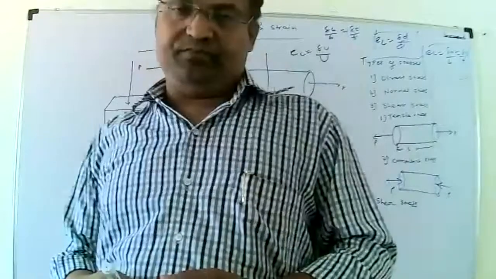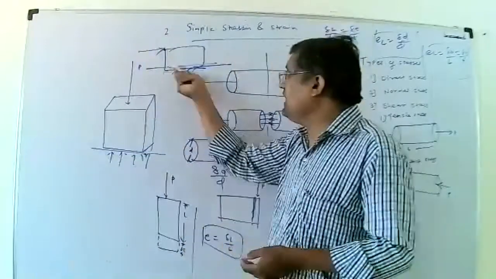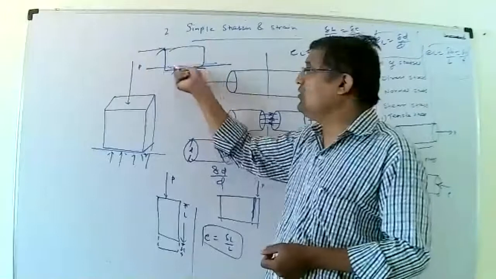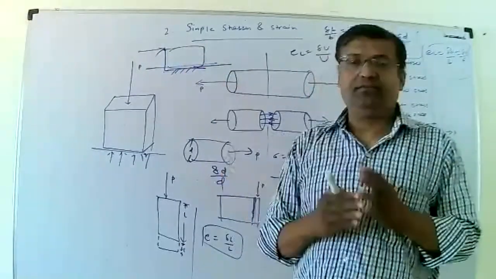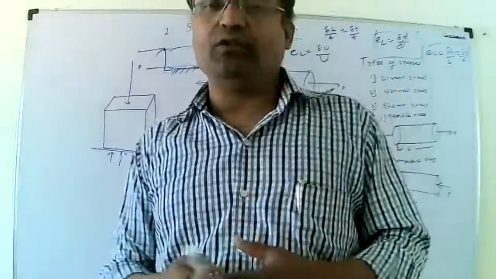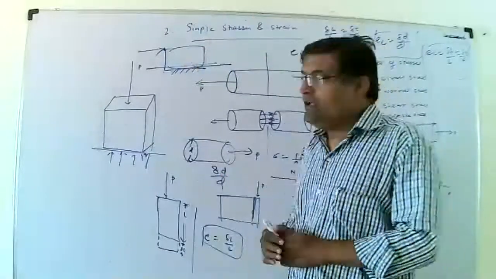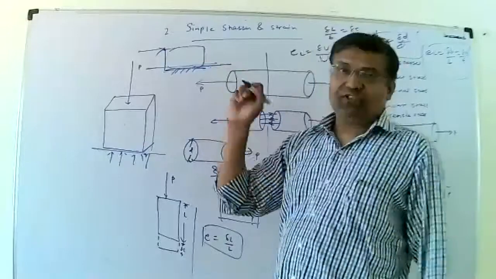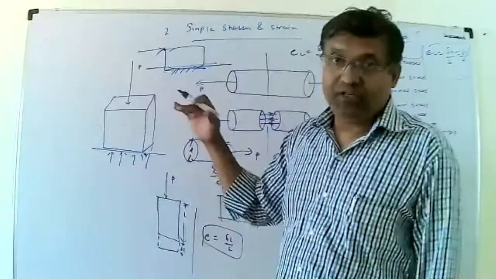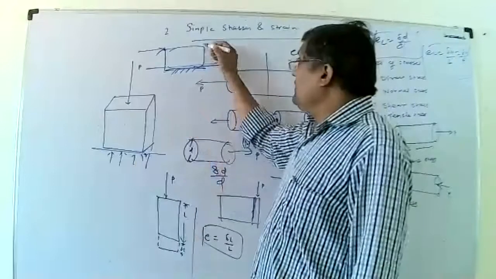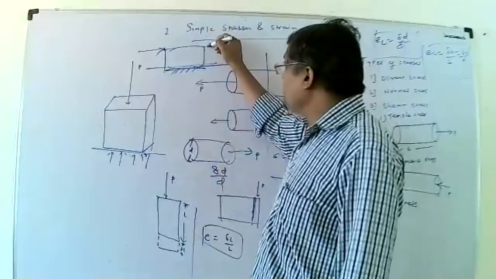The shearing will occur between the two cross-section surface areas. One is the table, the other is the body, that is a rectangular body placed on that table. Then shearing will occur.